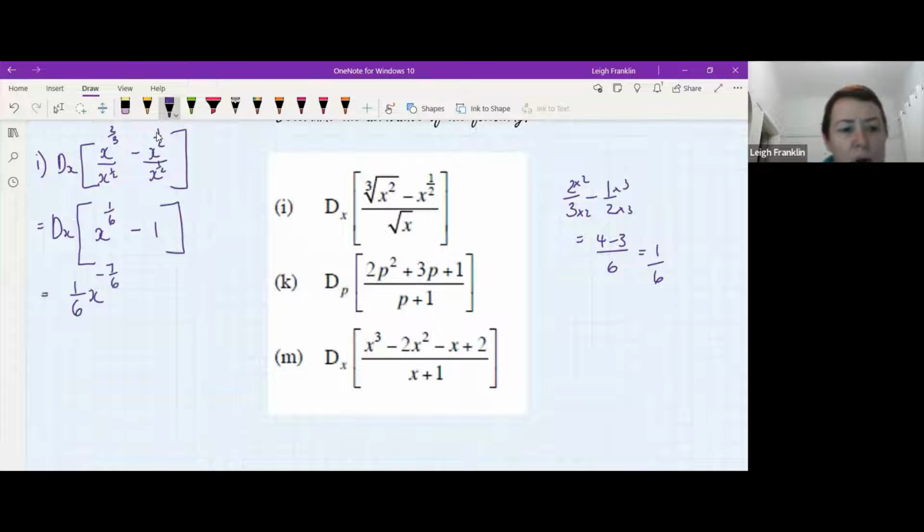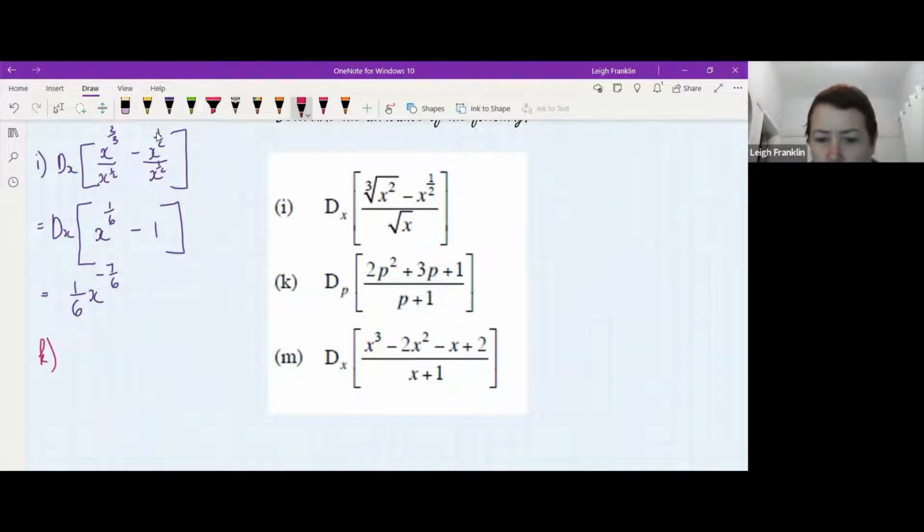Okay, did you guys get the same answer for question I? I've just done it in purple. Cool. Okay, Cassandra, that's nice. Okay, I'm doing the next one in this plum color.